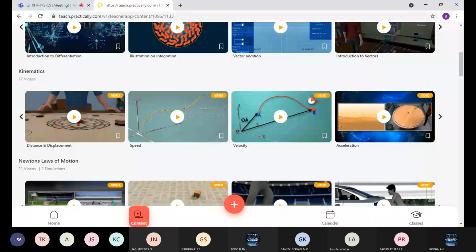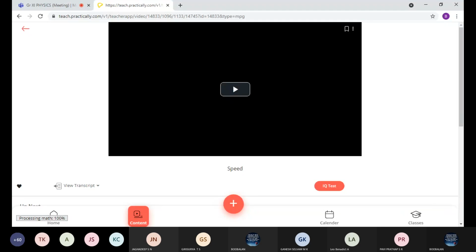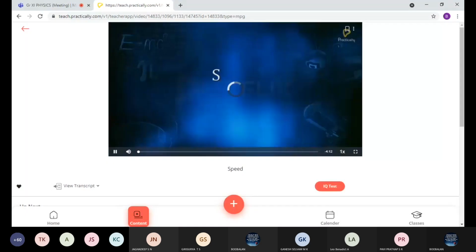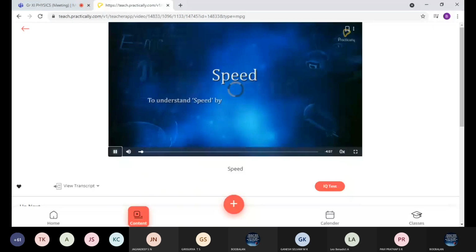First we will discuss speed. Objective: analyzing the motion of a particle in three-dimensional space.